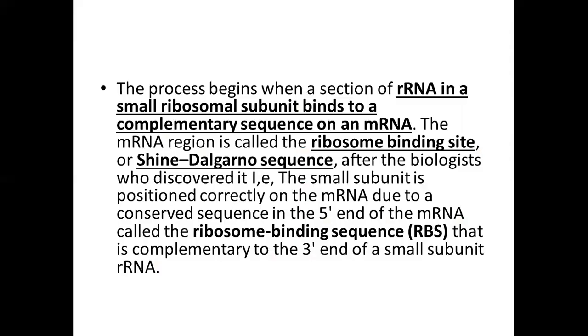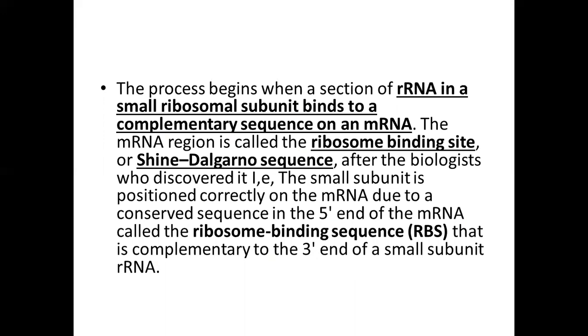The process of initiation simply begins when a section of ribosomal RNA in the small subunit binds to a complementary sequence on messenger RNA. This messenger RNA region is called the ribosome binding site, or the Shine-Dalgarno sequence.